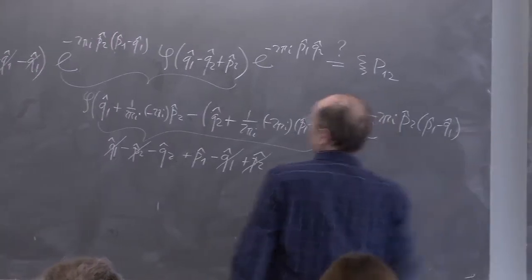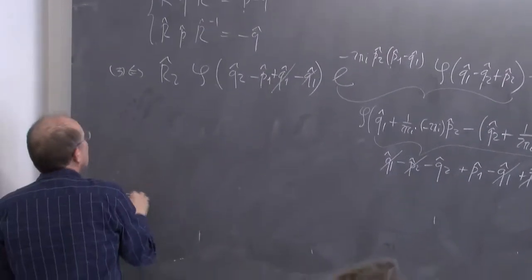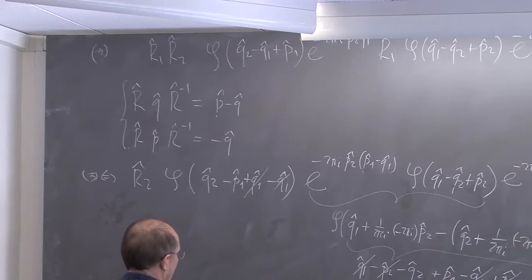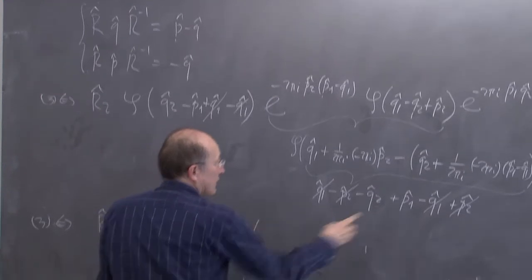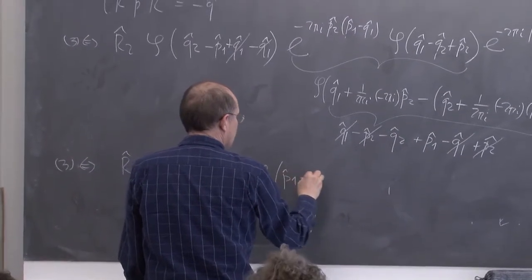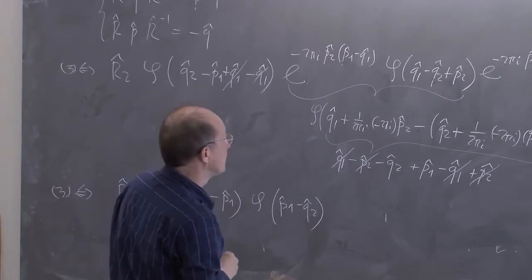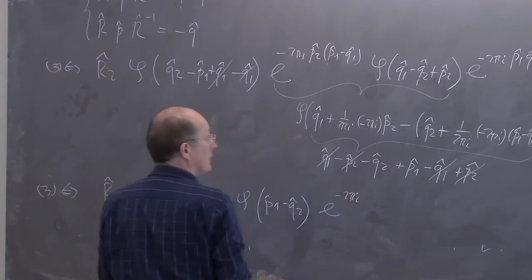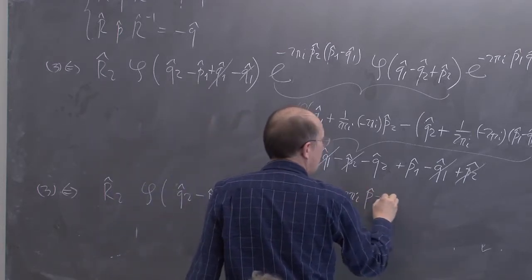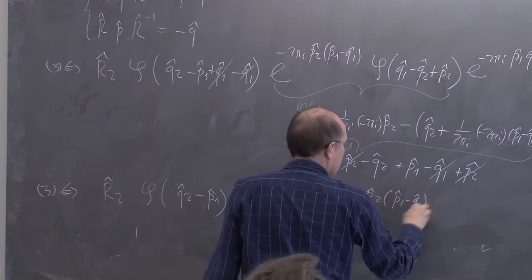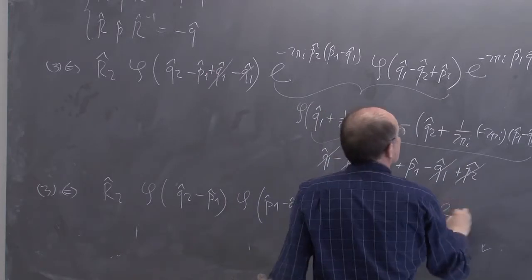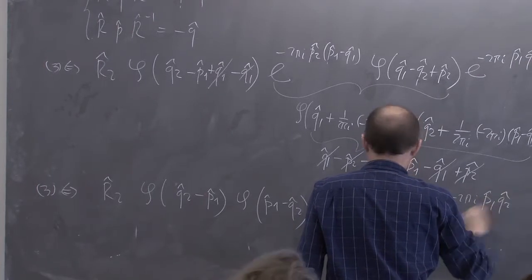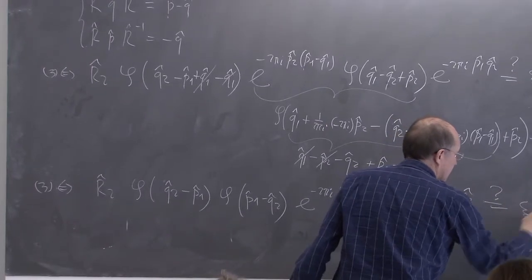So the answer is that 3 is equivalent to R2 hat, phi of Q2 minus P1, phi of P1 minus Q2, and the rest is the product of two exponentials, minus 2 pi i P2 (P1 minus Q1), times that exponential, e to the minus 2 pi i, P1 hat Q2 hat, if this is equal to P12.